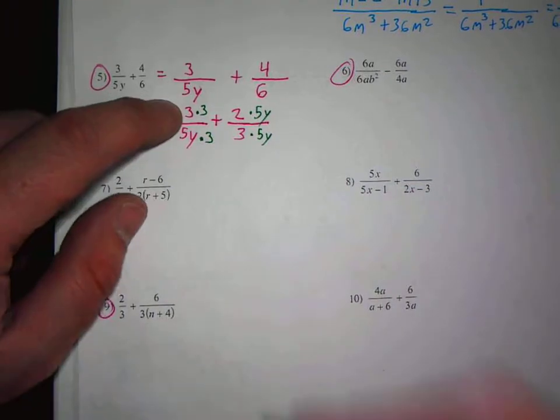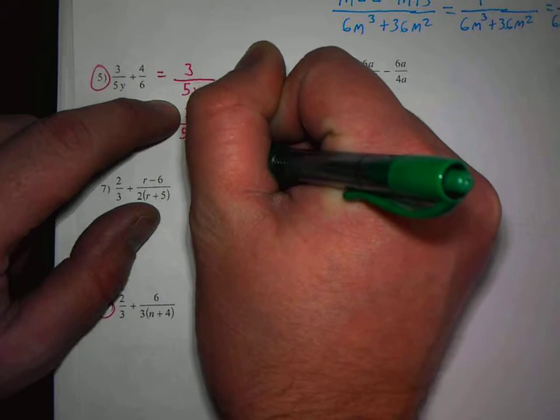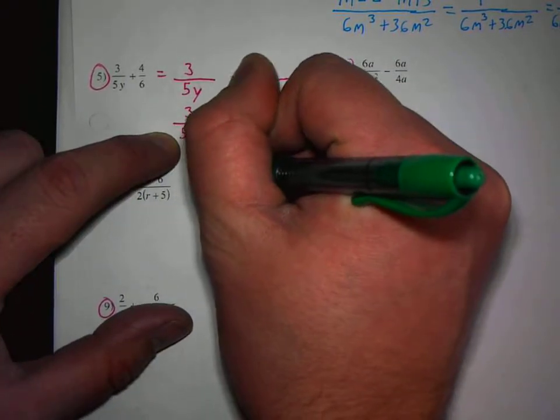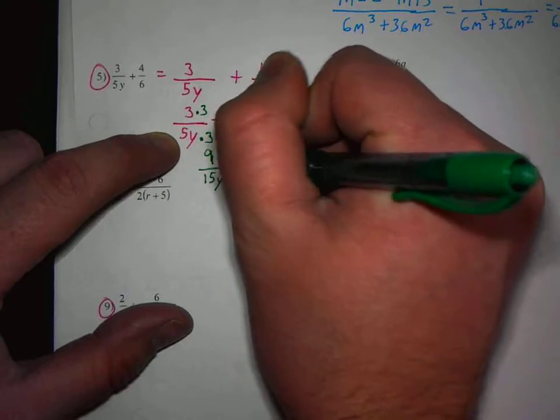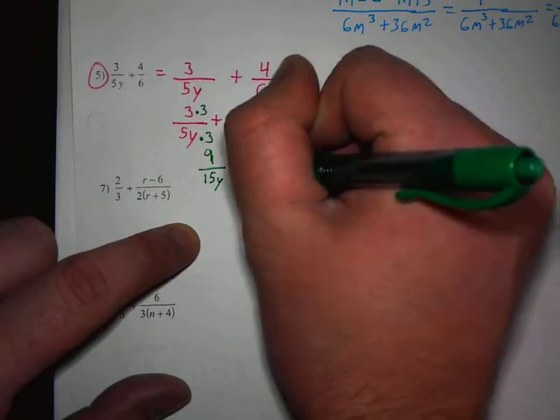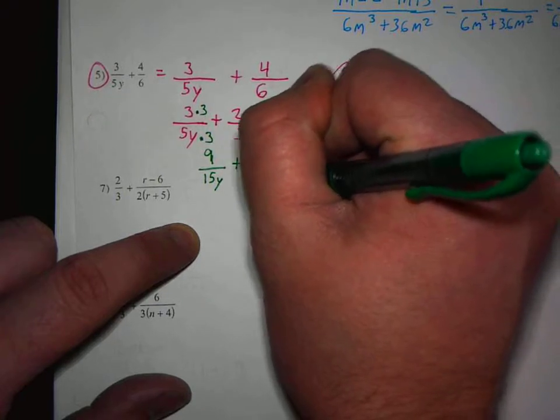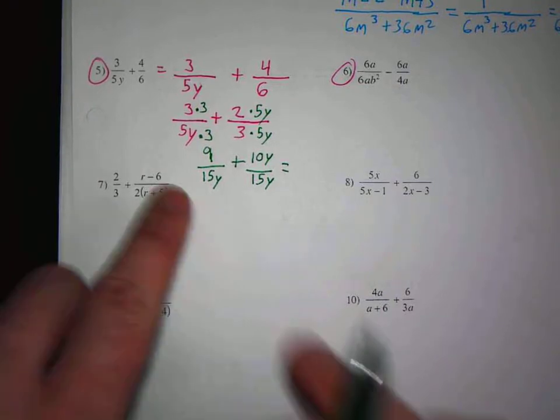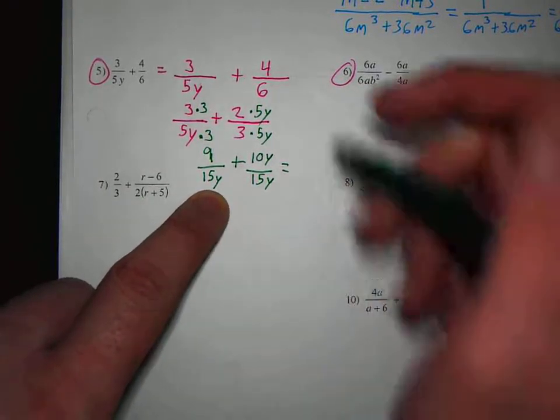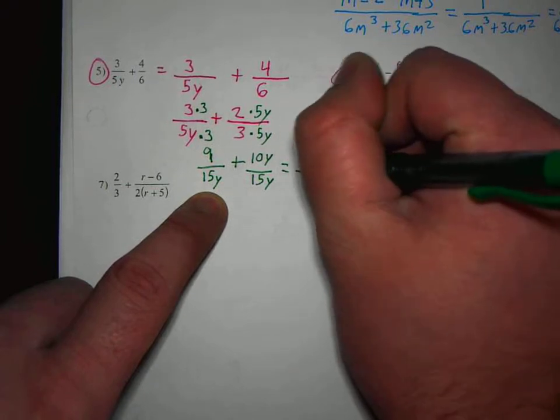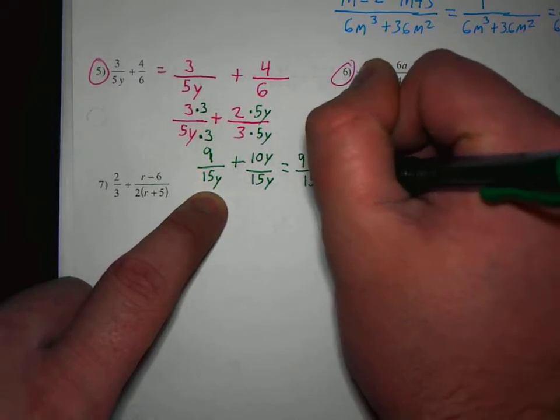So we have 9 over 5y times 3 is 15y plus 2 times 5y is 10y over 15y. Common denominators, now I could add them. So I get 9 plus 10y over 15y.